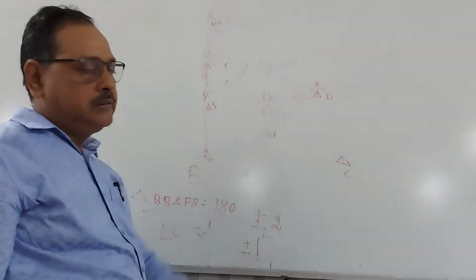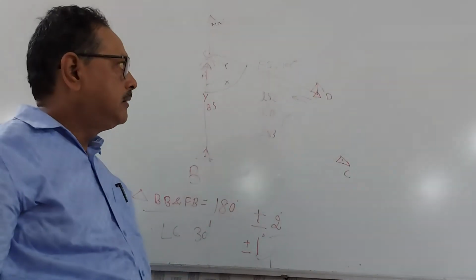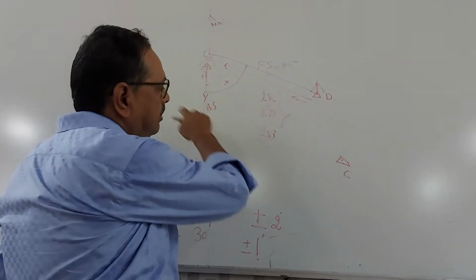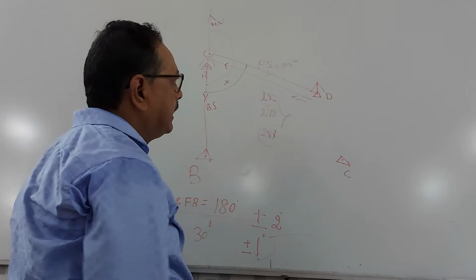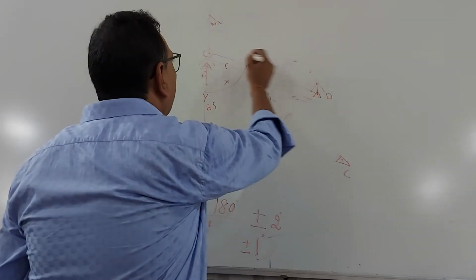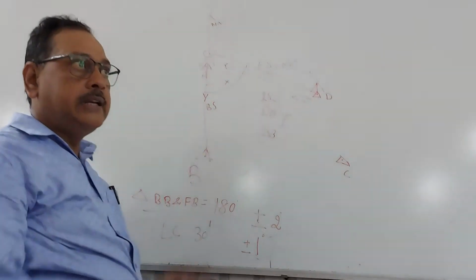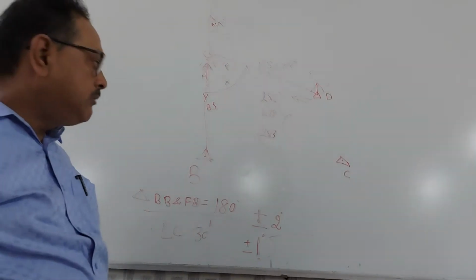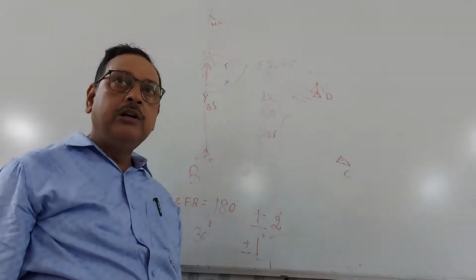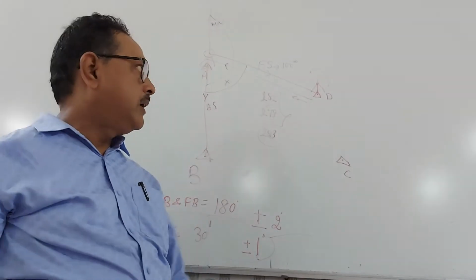Look at the device, check once again. What is your back bearing? Okay? If the back bearing is okay, then move the instrument once again to A and check what the forward bearing of AD is. Okay? Until you are getting the difference in the range of up to 2 degrees, don't move forward, recheck.